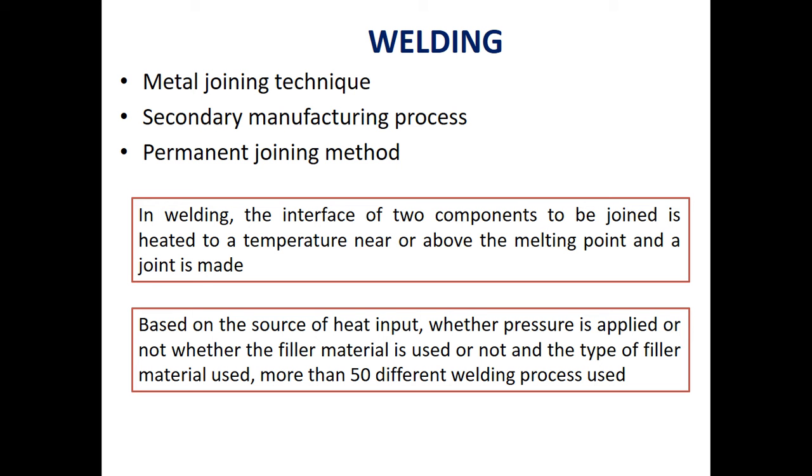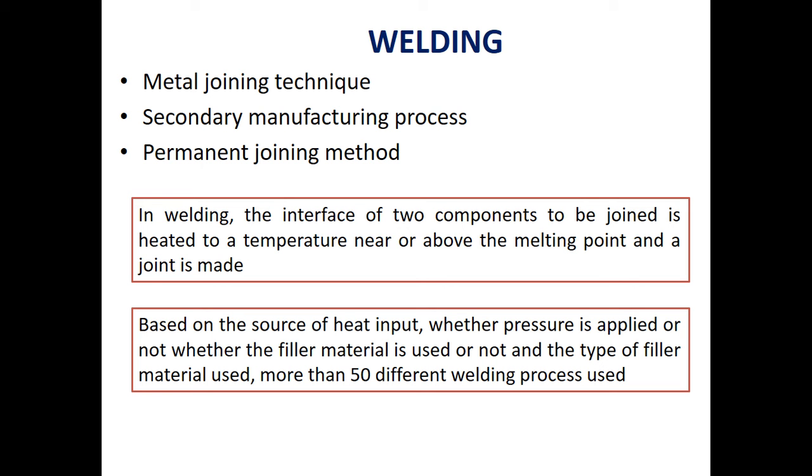Sometimes these components will be machined or joined together. Maybe that may be a requirement. Sometimes products from the primary manufacturing process will be directly used. Sometimes a secondary or additional manufacturing process needs to be worked on it, maybe machining or joining.